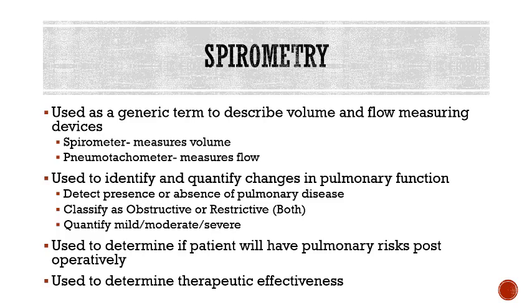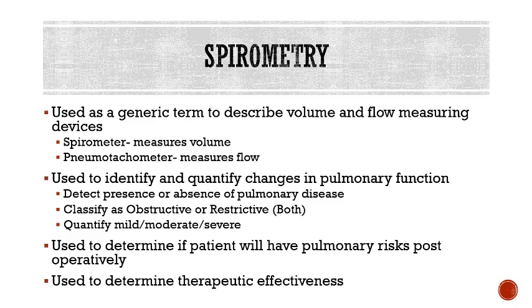There's a lot of different reasons that we want to measure someone's lung volume or measure someone's flow of air in and out of their lungs, and a lot of it is going to be with diagnosing disease processes. So detecting whether or not they have pulmonary disease, classifying it as an obstructive disease or a restrictive disease, or potentially having both, trying to quantify if they have mild disease, moderate disease, or severe disease.